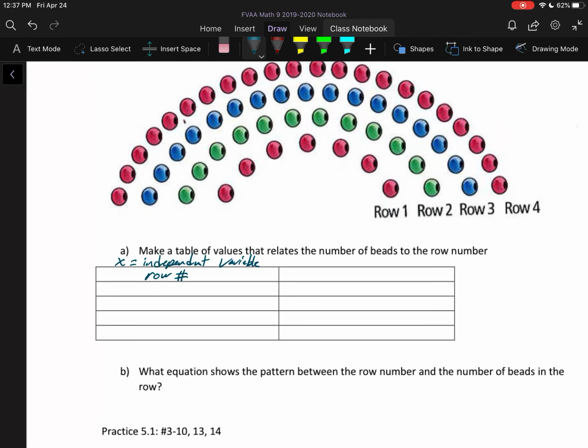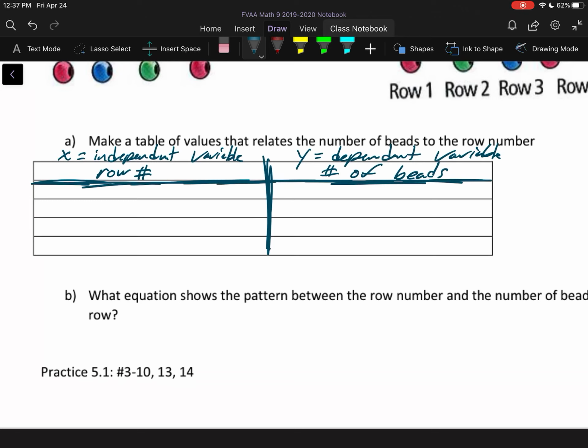Row number determines the amount of beads; it's not the amount of beads that determines the row number. And on the right side, you always want to put your y, or dependent variable, and that is your number of beads. So underline that. Again, I want to leave the space. So row 1, row 2, row 3, row 4.